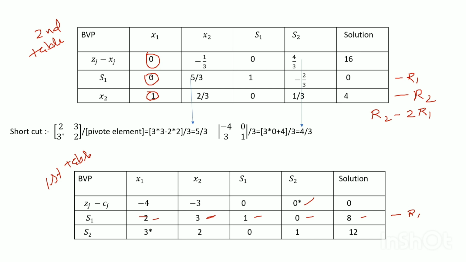So I get 0 star become 4 by 3 in the table 2, the second table. Okay, so this way I get the total values.